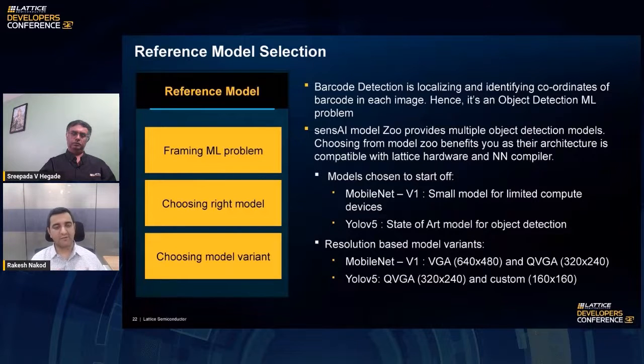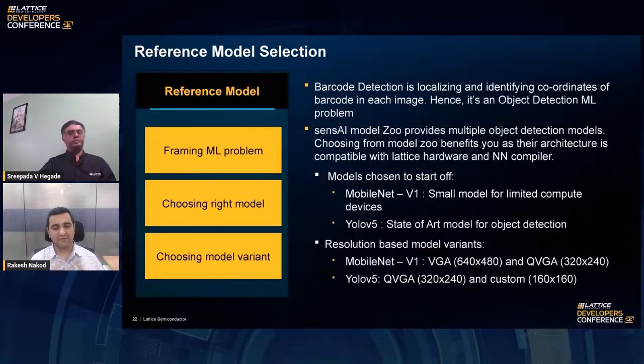Similarly, detecting a barcode means identifying a barcode in a given image and identifying the coordinates so that you are able to draw a bounding box. This problem statement is called an object detection problem. This identification and framing of your problem statement is necessary because that will allow you to select an appropriate reference design from the model zoo. Now we have multiple object detection models.